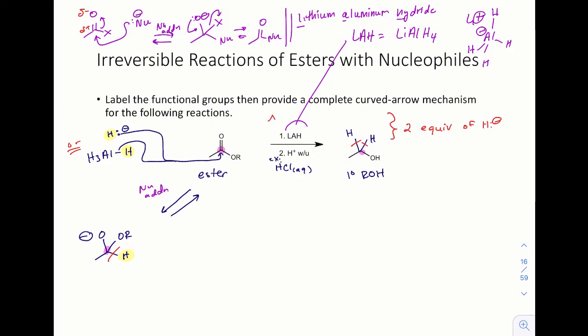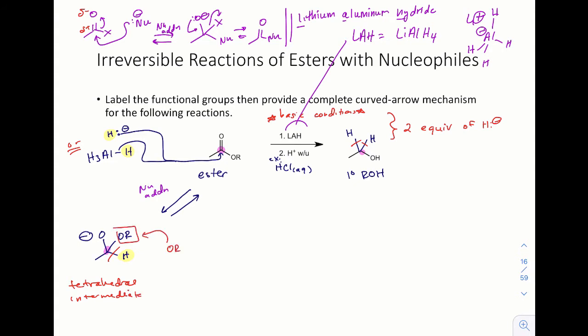LAH certainly qualifies as basic conditions, and we can see that so far the curved arrow mechanism is following the general pattern for acyl transfer reactions under basic conditions, which is a nucleophile addition followed by a nucleophile elimination from the tetrahedral intermediate. Looking at the ester, we can see it does indeed have a leaving group.